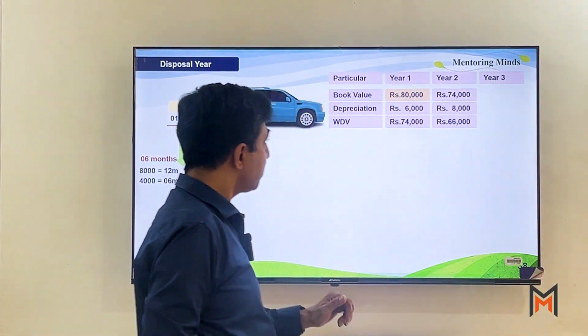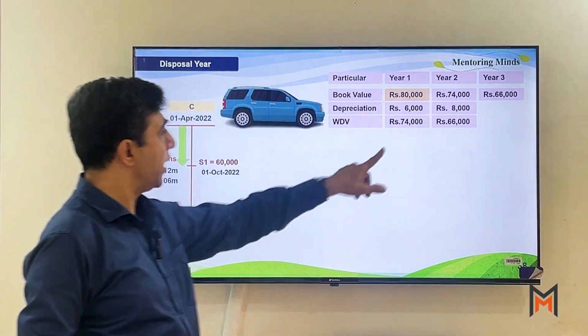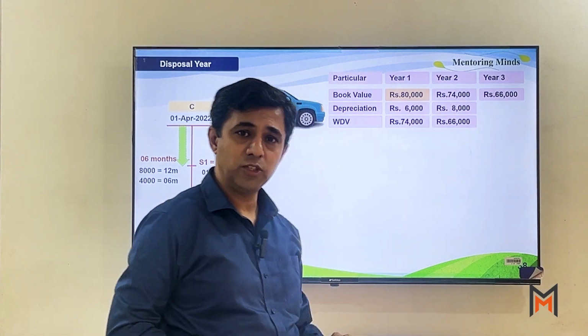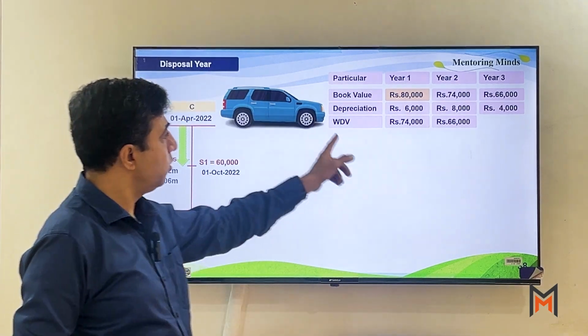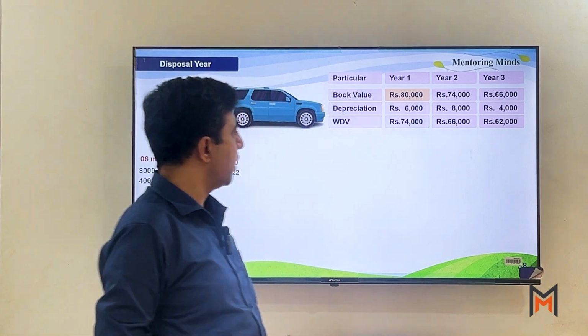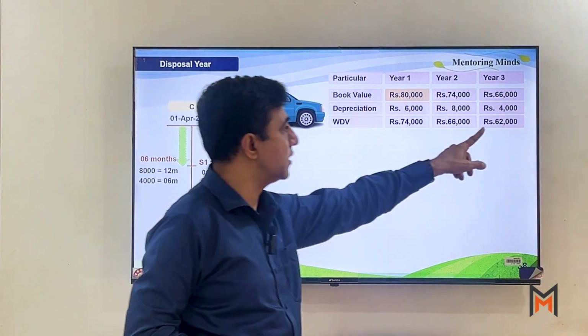So now in the third year, the book value of the asset is 66,000, which will be continued. The amount of depreciation is 4,000. So now the written down value is 62,000.